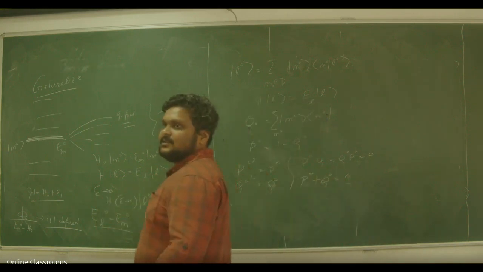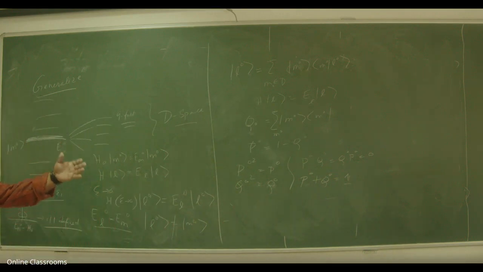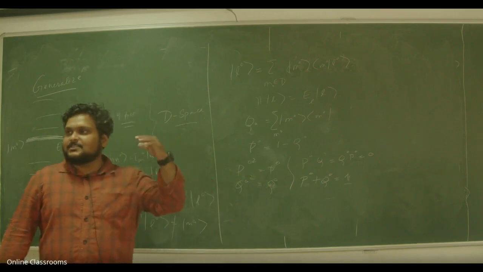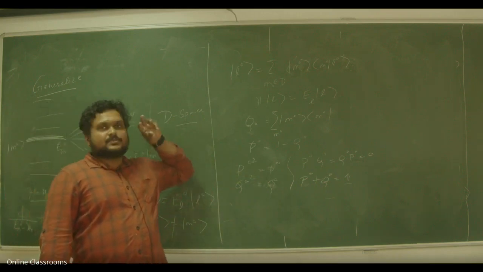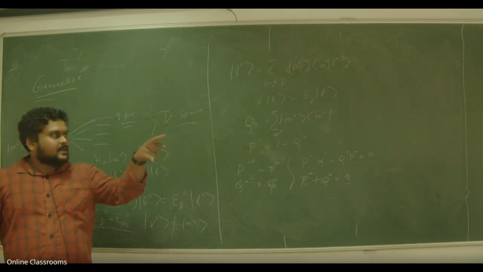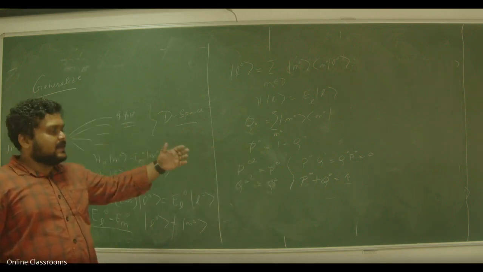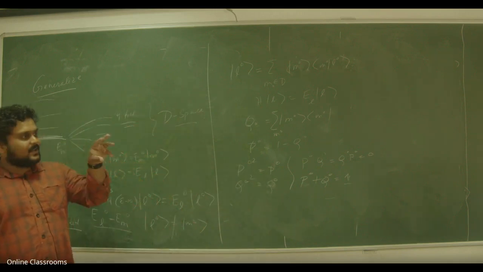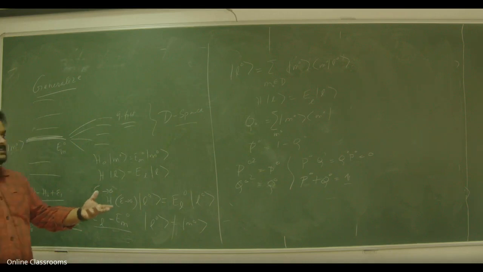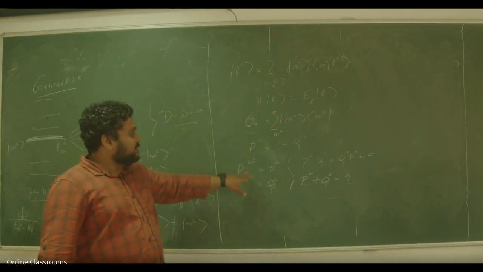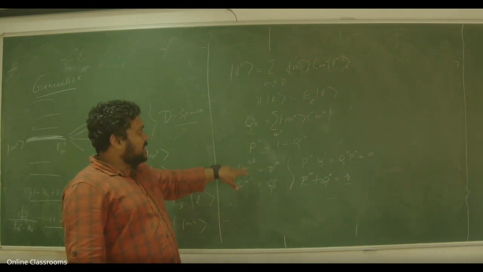Right? These things will always happen. We can know it physically and we can also test it. P naught squared and P naught: what is the job of P naught? P naught's job is to project into one space, right? Then square means what? You project it again. Now once it's already projected, what happens if you project it again? You get the same thing, right?